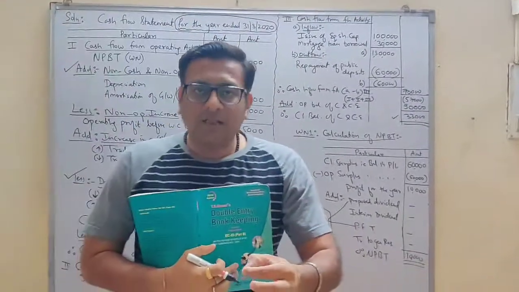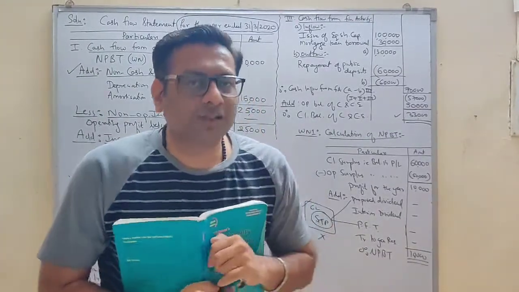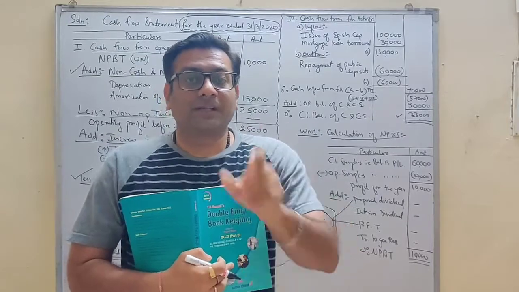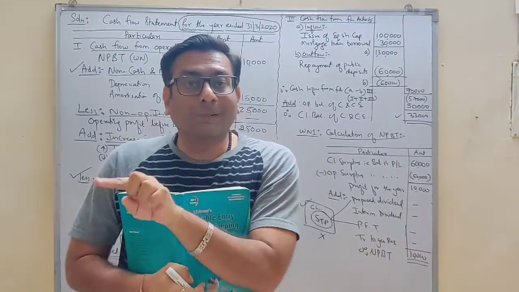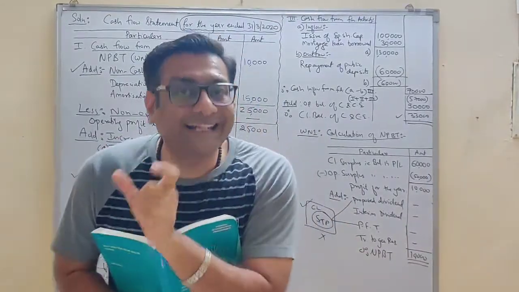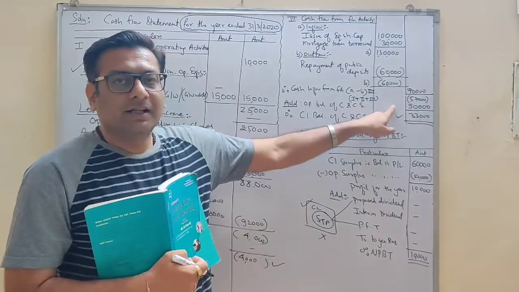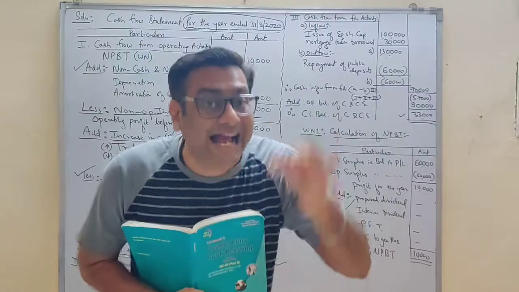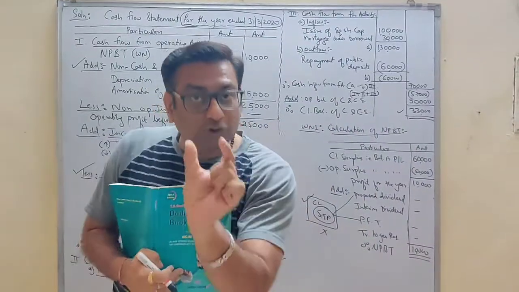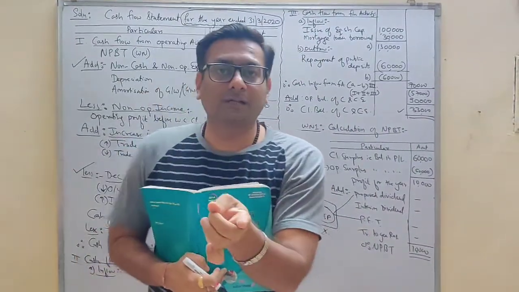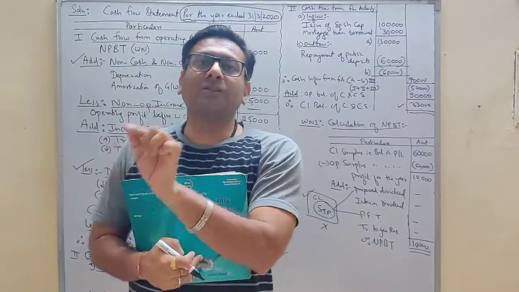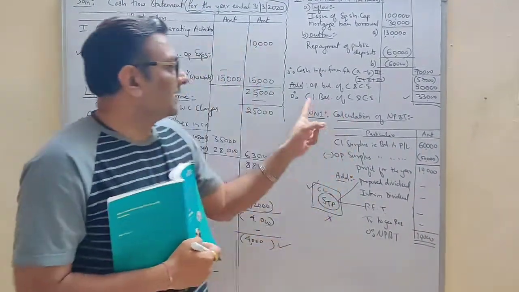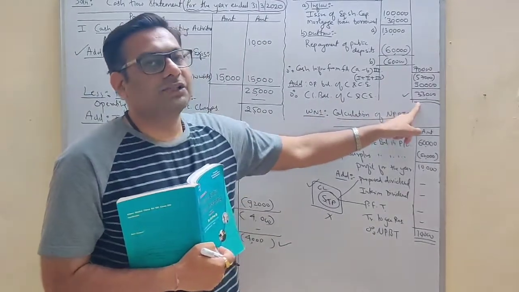So in the exam you can check your answer, students. The answer is already there inside the question. They have given both the balances, opening and closing. After adding opening 90,000, whatever your final answer is has to be equal to the closing given next to the opening. 33,000 is your answer, that is the closing balance of cash and cash equivalent.